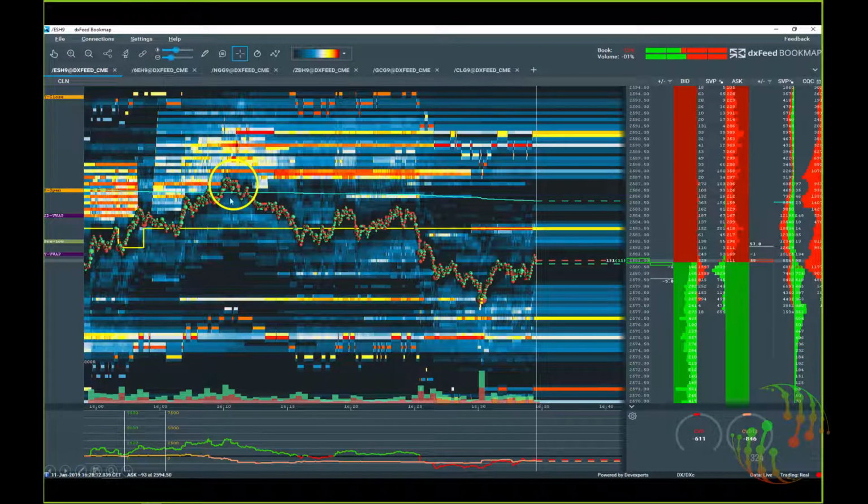When all this comes together, you have here exhaustion, VWAP, liquidity above. It's a great help to understand what is happening and what to trade if you want to trade that.